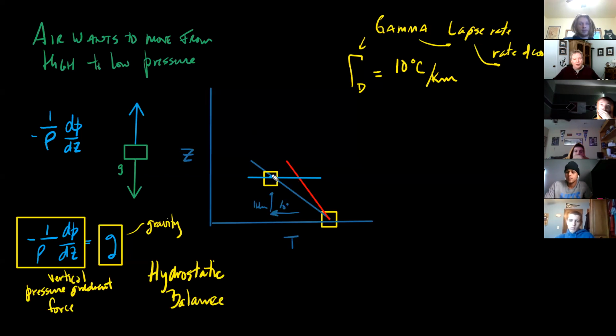So for this box, okay, now does everybody have a question on this? Okay, watch this. This is kind of interesting. For this box, there is an upward force and a downward force.